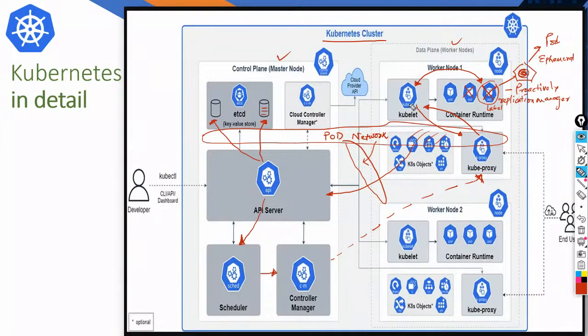The kubelet will ultimately help the scheduler. You can see these are the Kubernetes objects. These objects, so there is a deployment manifest, a deployment manifest file, a YAML file.